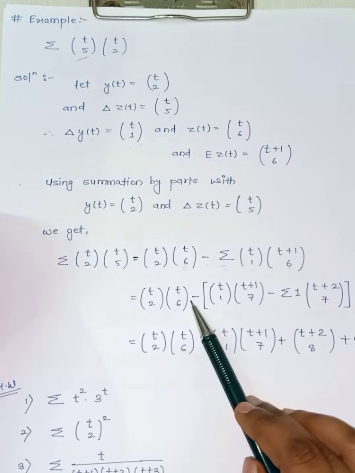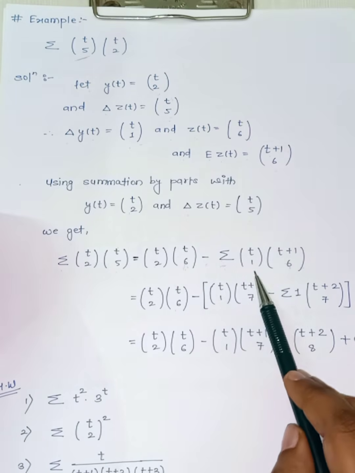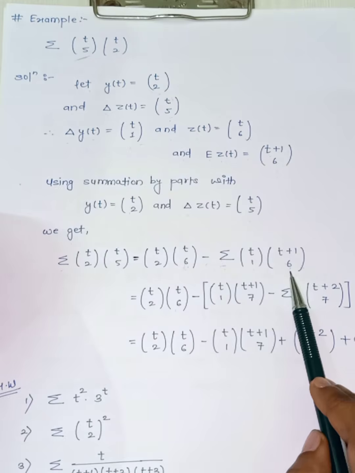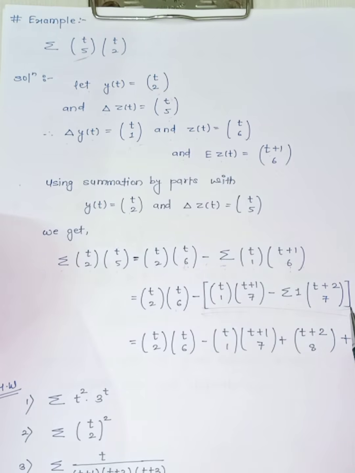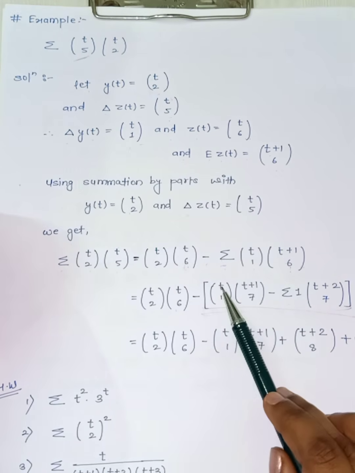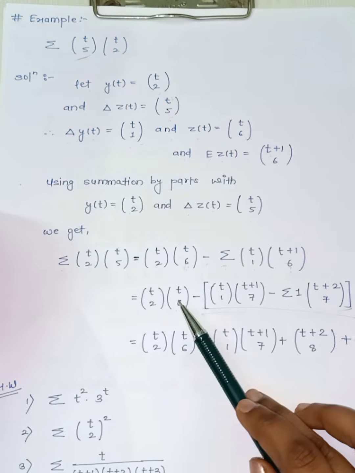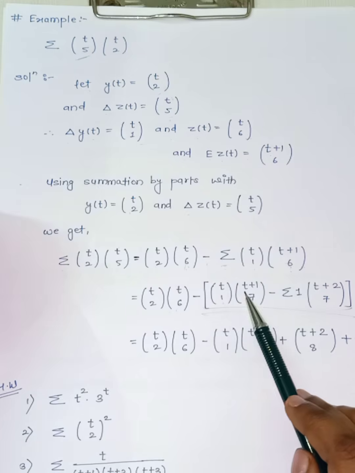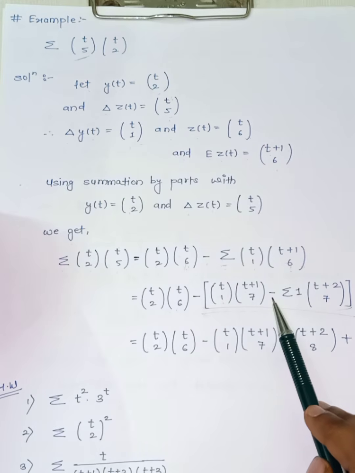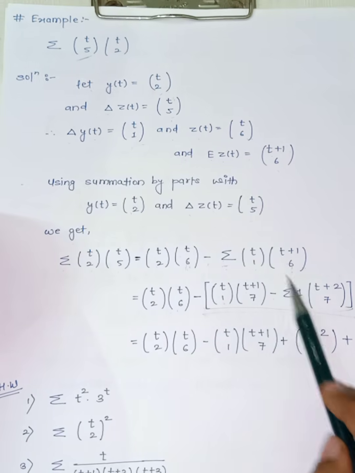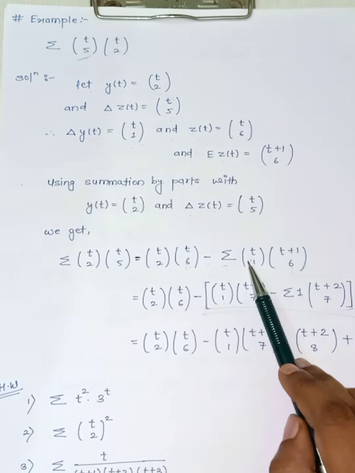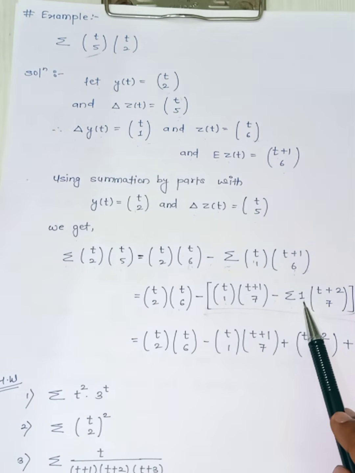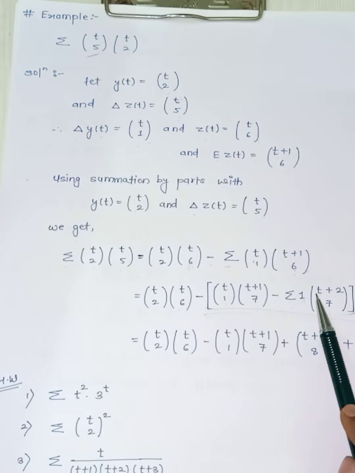This is as it is, minus summation over tc1 and t plus 1 c6 will be giving these terms. Okay, first is tc2 tc6 minus tc1 t plus 1 c7 minus summation over this delta y of t. So y of t will be 1 and t plus 2 c7.